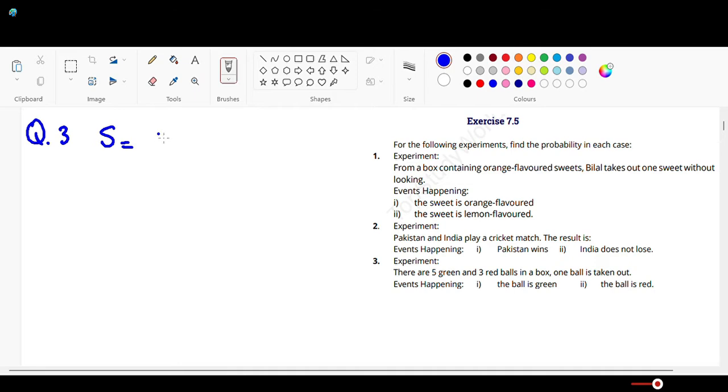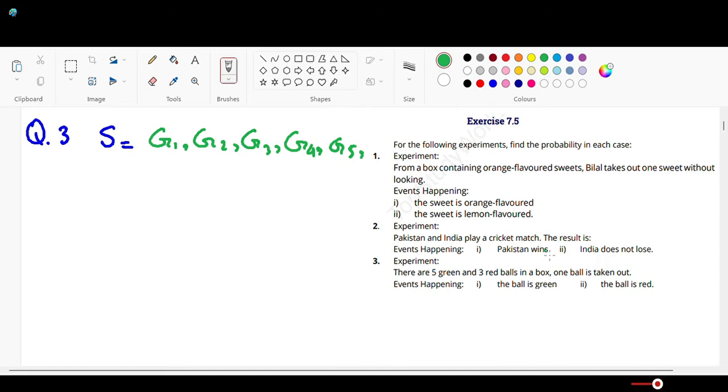I'm going to name the balls according to their color. So G1 for green one. Oops, I'm supposed to use the green color. This one, G1. Yeah, G1. G2. G3. G4. G4 and G5.